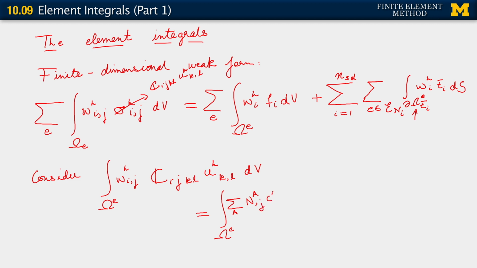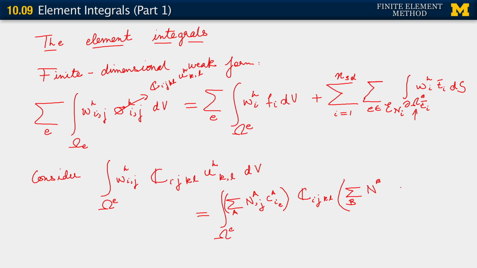Okay, this is w^h_{i,j}, and I put it in parentheses. We have here C_{ijkl}, and again we have sum over B, N_B.